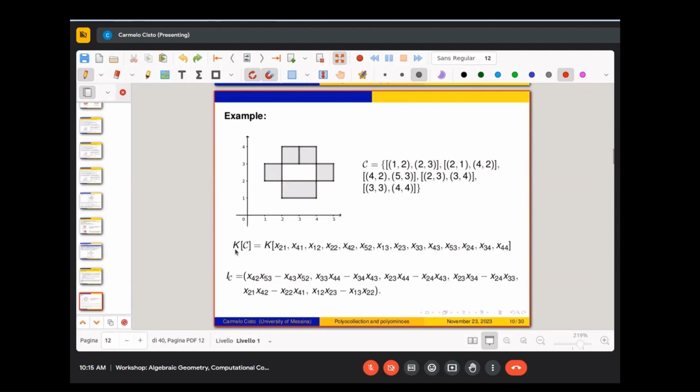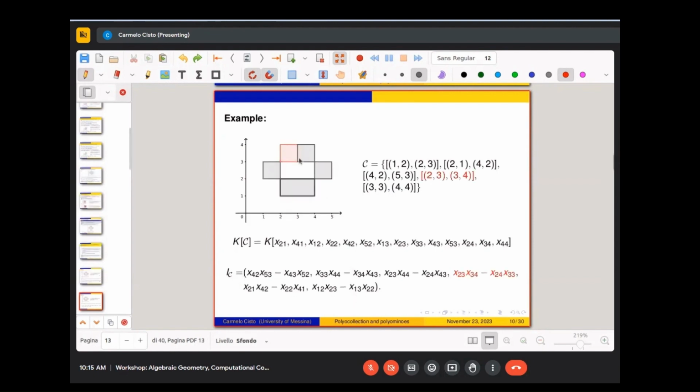We can consider the polynomial ring considering all vertices of this collection and the polyomino collection ideal associated. For instance, this cell is a trivial example of inner interval, and to this cell we can associate the corresponding red binomials. The same for this one.